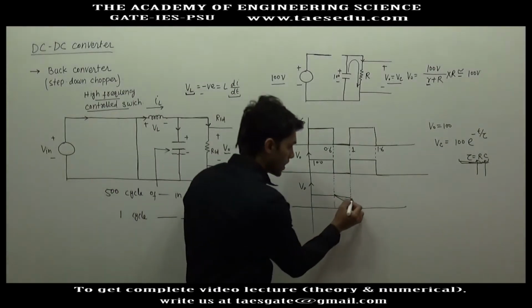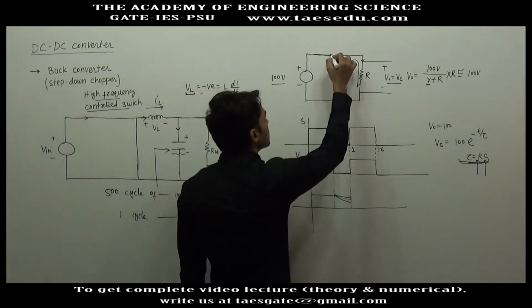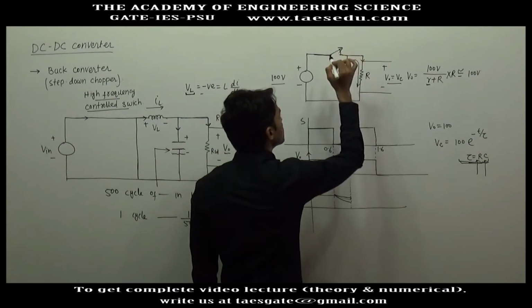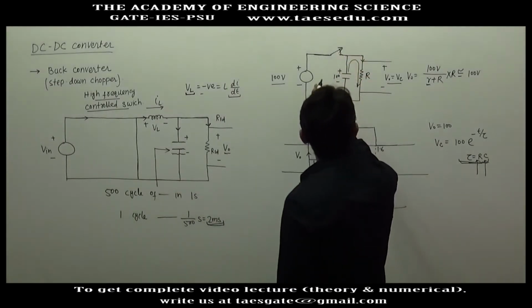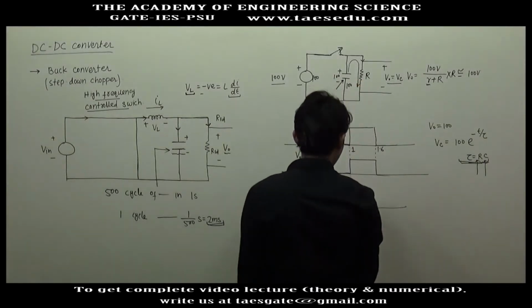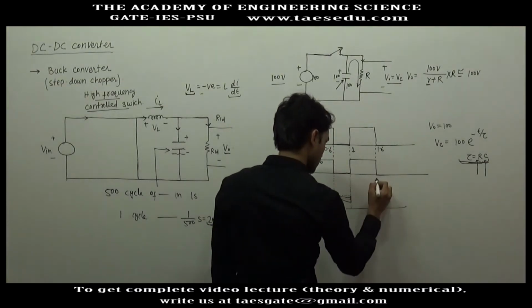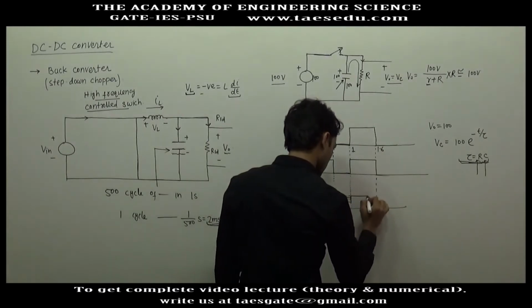Now what will happen at this point? The switch is now again connected. If this switch is connected, these two are in parallel. This is 100 volt, so this will immediately go to 100 volt. So the output voltage will be 100 volt again. Now it will remain at 100 volt.